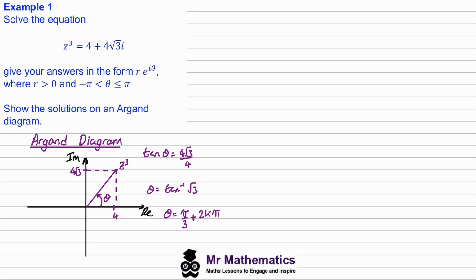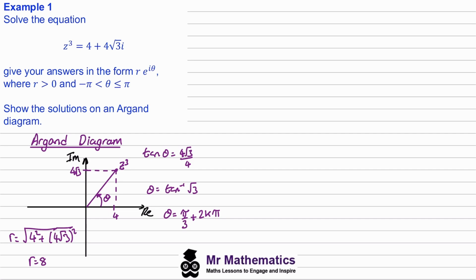Now we can work out our radius. This will be the square root of 4 squared plus 4 root 3 all squared. And when you work this out, we get the radius to be equal to 8.